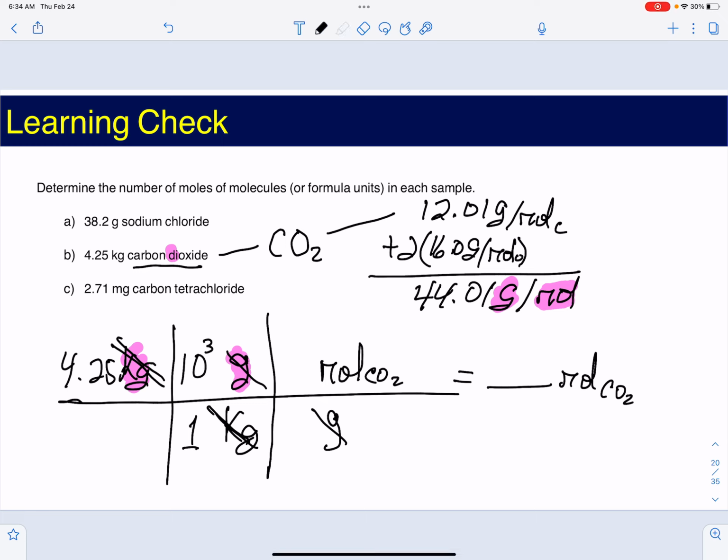What's the relationship between grams and moles? That's molar mass, straight from the periodic table, which is what we have in here. So this is going to be 1 mole, 44.01. And then you do your calculation, which is going to be 4.25 times 1,000 times 1 divided by 44.01.